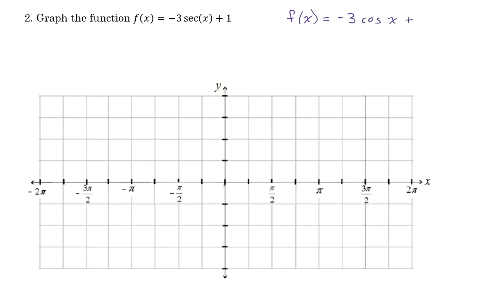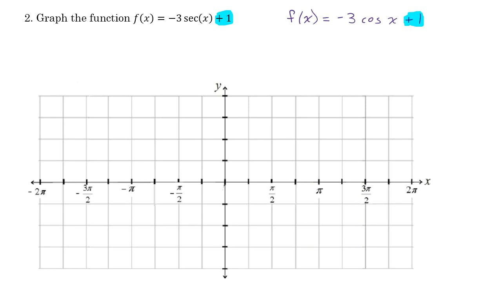Well, you're partially right. One thing we're going to have to be really careful about is this vertical shift. So let's first start off and just graph f of x equals -3 cosine x without the shift of plus 1 and talk about the asymptotes.